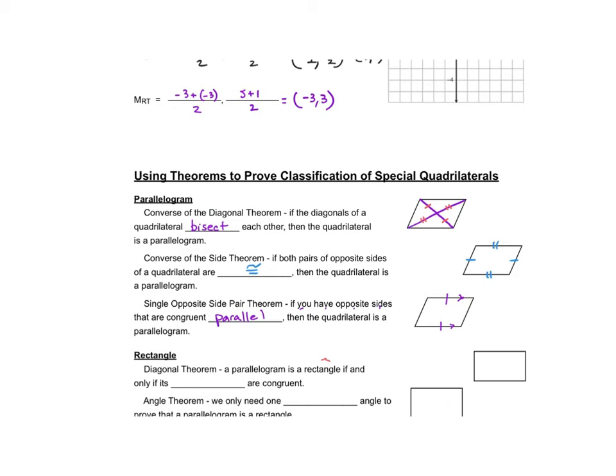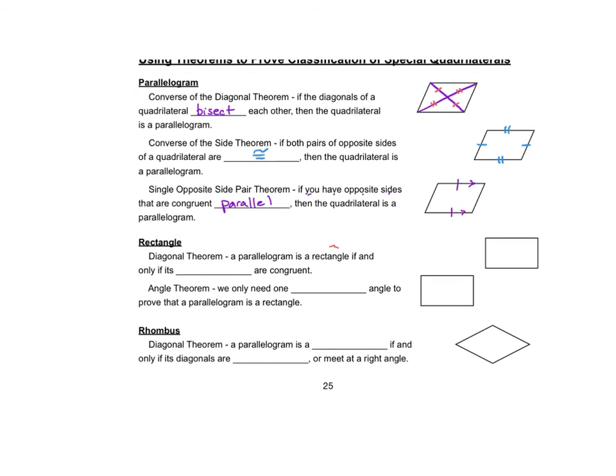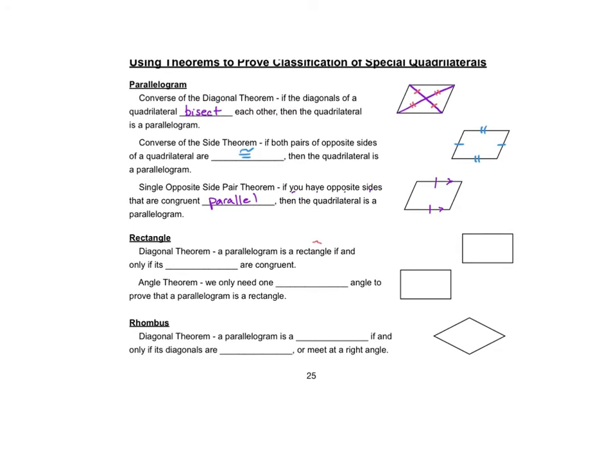And let's see, what else do we have? We have the rectangle. So when we have a rectangle, the diagonal theorem says a parallelogram is a rectangle if and only if its diagonals are congruent. So on a rectangle, our diagonals are going to be congruent. So if we have A, B, C, D, then I know that the diagonal segment AC is going to be congruent to diagonal segment BD.